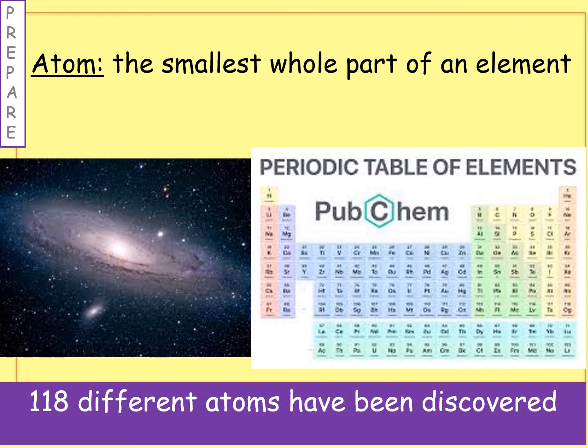So far on Earth, scientists have discovered over 118 different types of atoms. So these atoms are all different from one another. And all of the different atoms that we've discovered are all included on the periodic table. So the periodic table really is just a map of all of the different atoms that have been discovered on Earth.